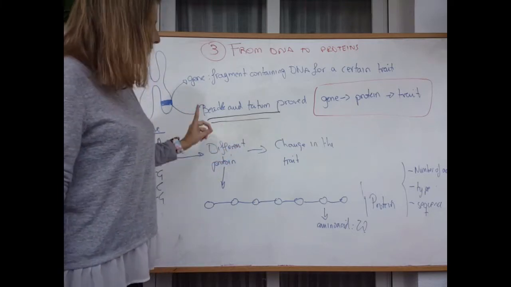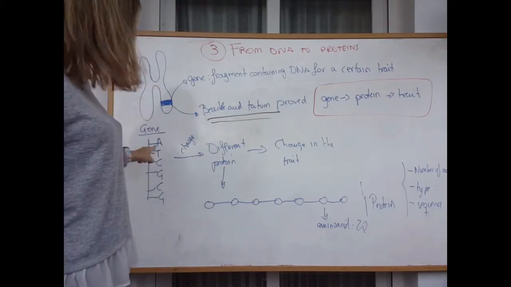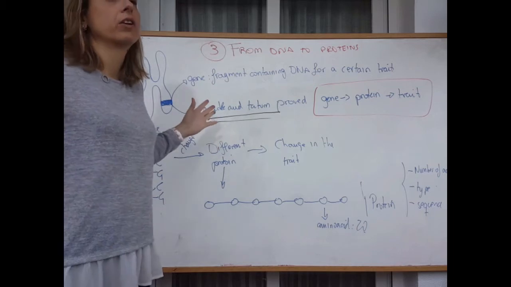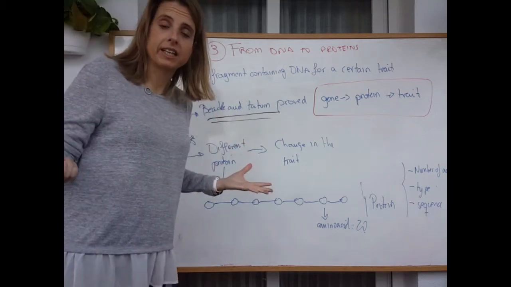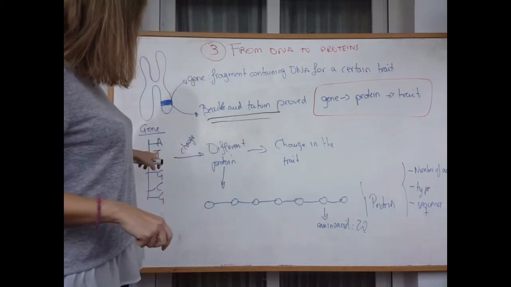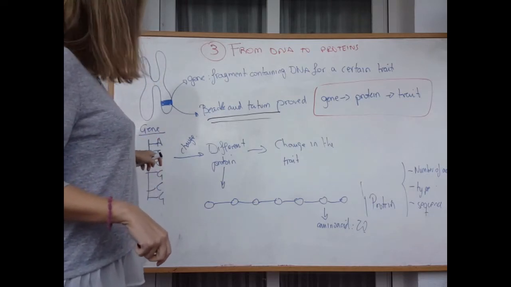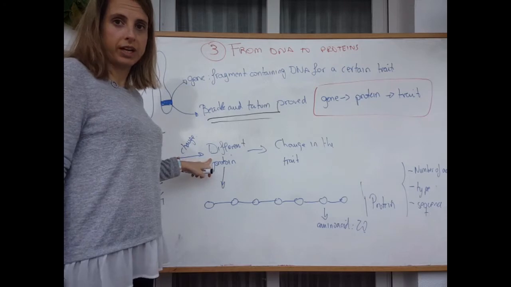Imagine that because of a mutation or a mistake in these processes, we misunderstand this information and we get a different protein.